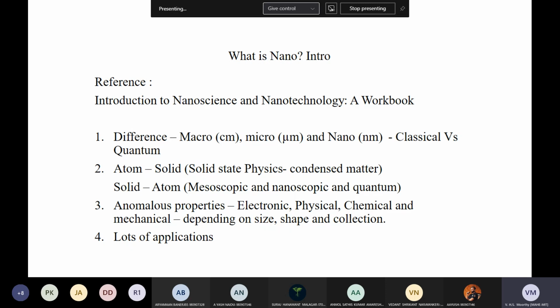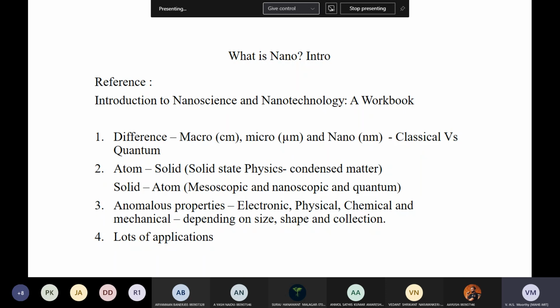That's the most important thing. That's why the properties of the materials are not what we may expect from macro and micro particles; it is something new.